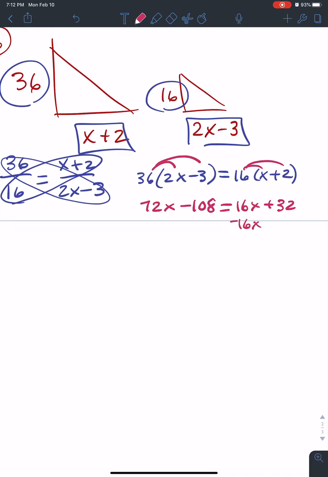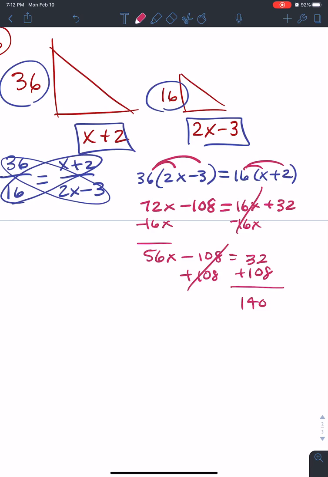So we're going to subtract 16x from both sides. Bring down the rest, and add 108. Make sure you're doing opposite operators. And last but not least, divide. So x equals 2.5.